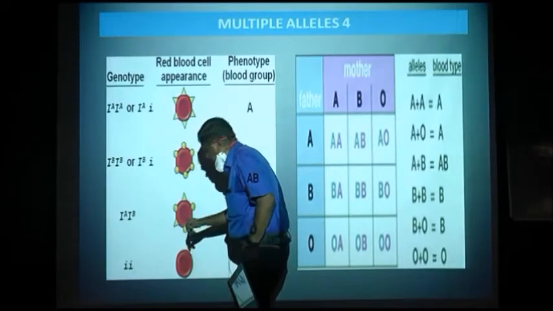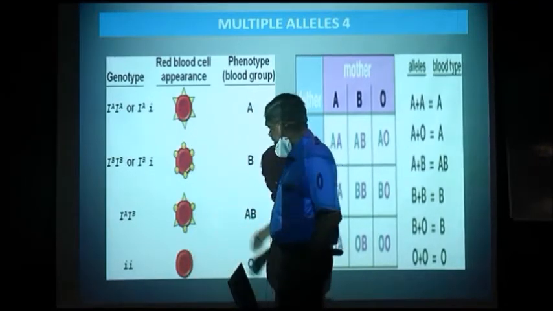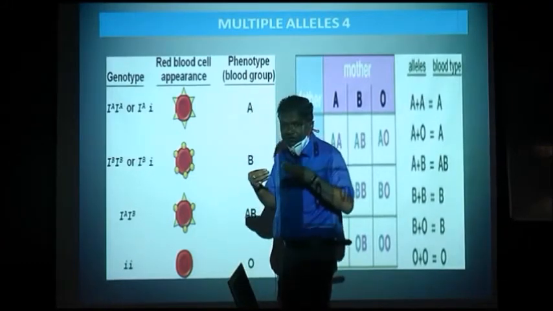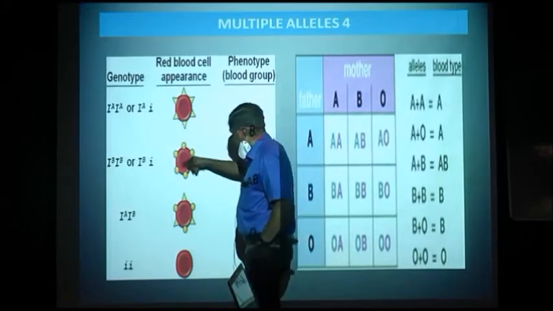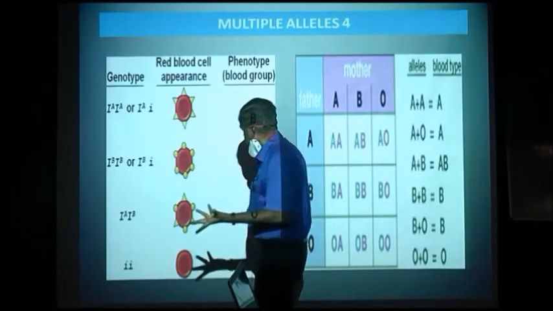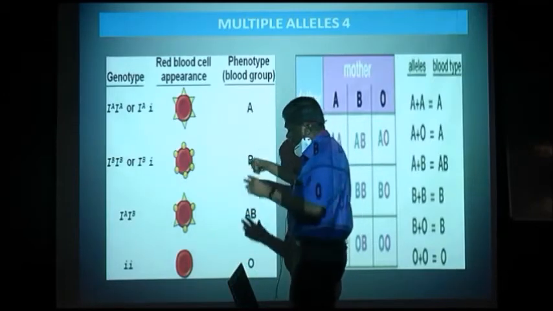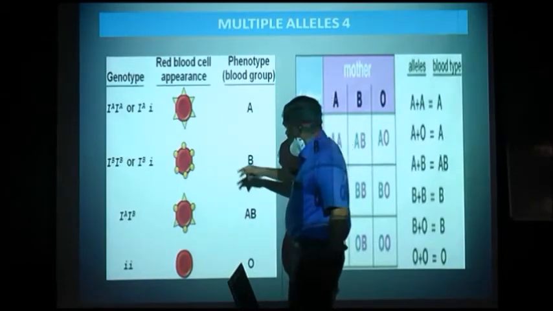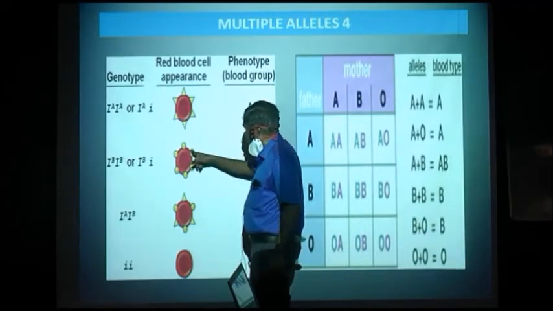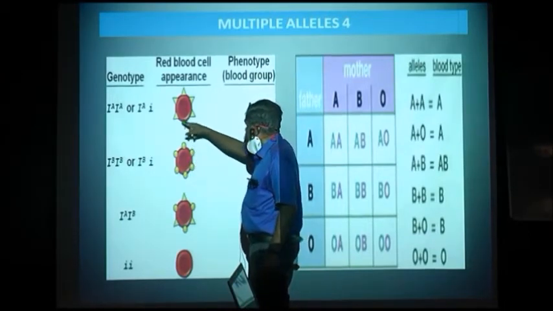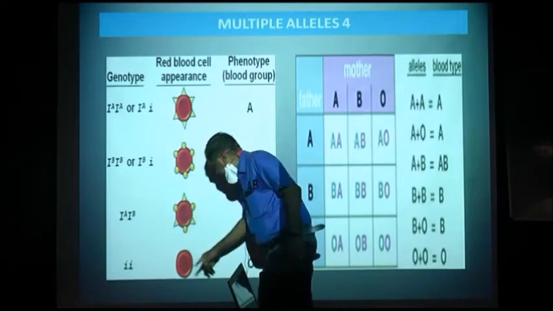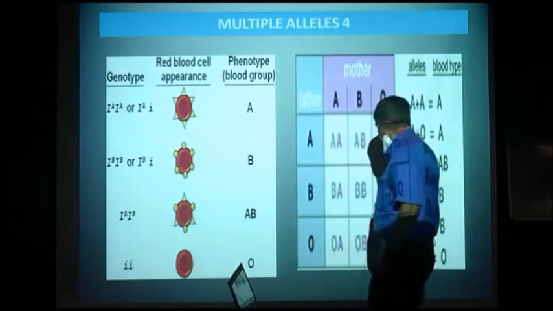In small i, you don't get any attachment. This is clear. Now if you transfuse blood from this to this, there will be a problem, because the antibody which is developed will not fit into all conditions. So this is the blood group.